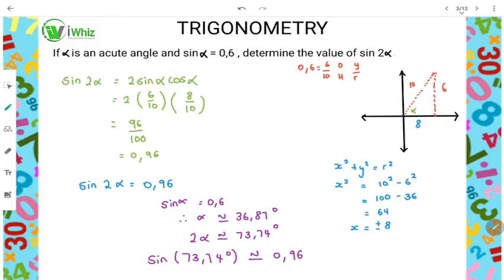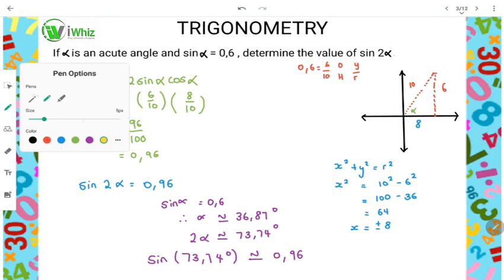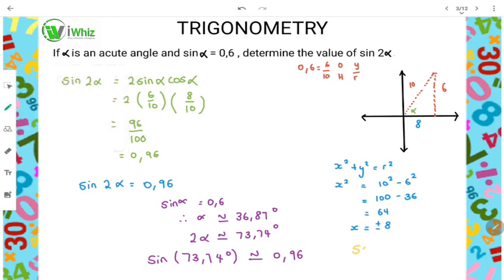Now the things that you need to understand from this example is that we use theorem of Pythagoras when working with 90-degree angles or when we are working with a Cartesian plane. We need to learn the definition SOHCAHTOA off by heart.